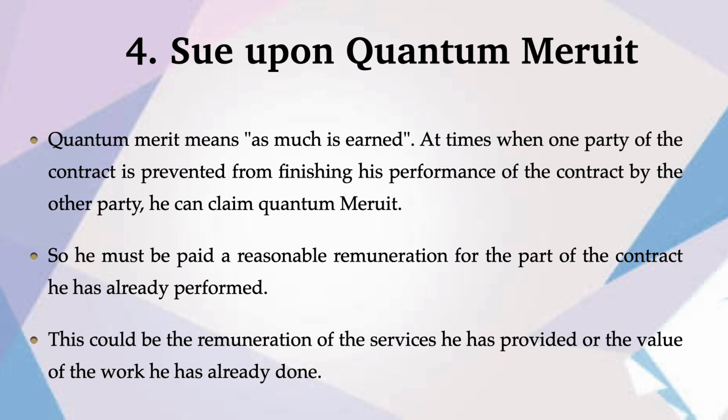Is that clear? Up to what point he has performed his duties or work, until that time, the company has to pay the compensation. That is called a sue upon quantum meruit. As much is earned. For whatever goods the supplier has given, that much he has earned the remuneration, correct? The price is earned. For that much time period, the company has to pay.